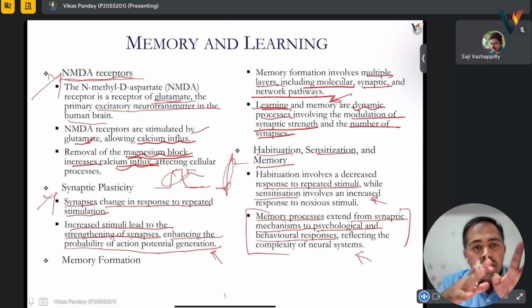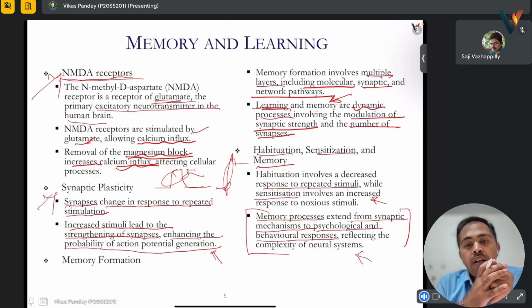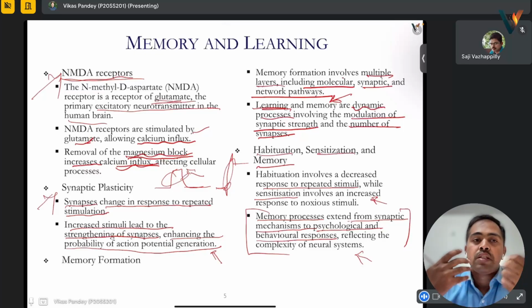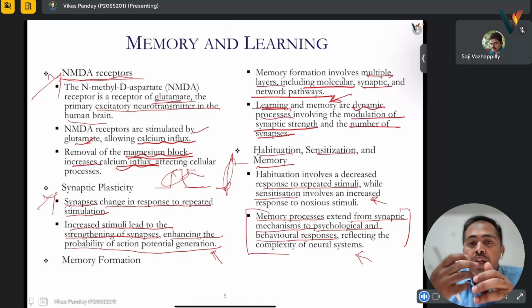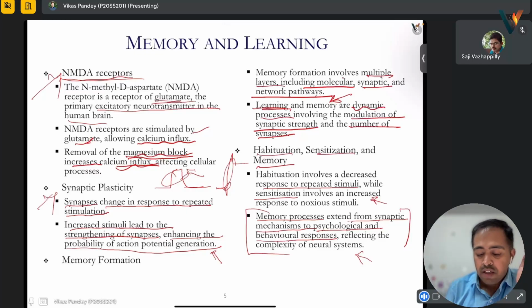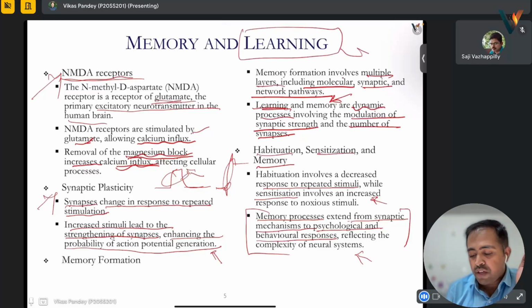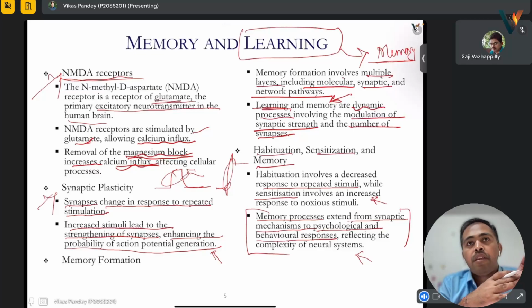But in some way we are able to understand that this NMDA receptors and synaptic plasticity play a role. We have understood that learning is the way of creating memory, and that is why nowadays there is something like machine learning. I think you are working on machine learning, right?